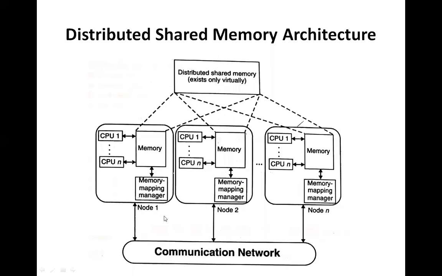These nodes are connected by a high-speed communication network, and a simple message passing system allows the different nodes to exchange messages with each other. The distributed shared memory abstraction provides a large shared memory space to the processors of all the nodes.